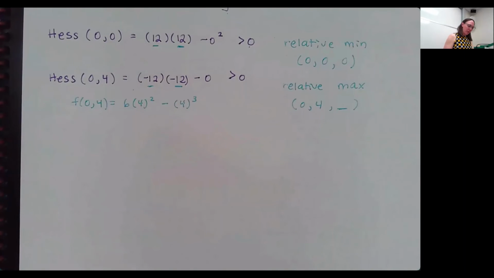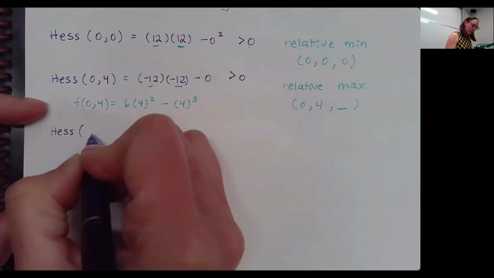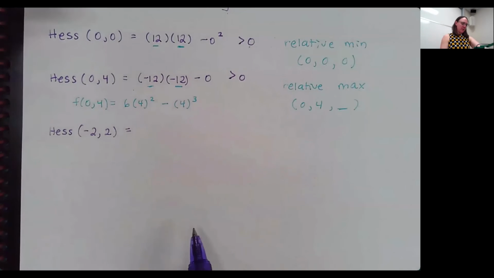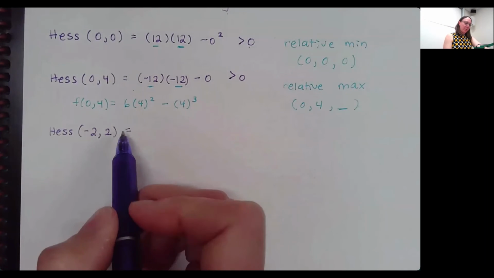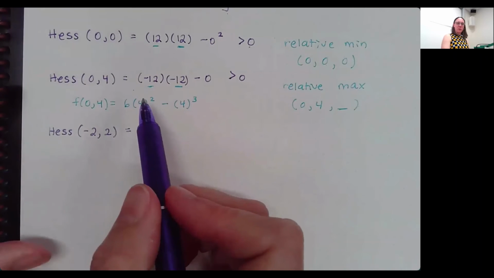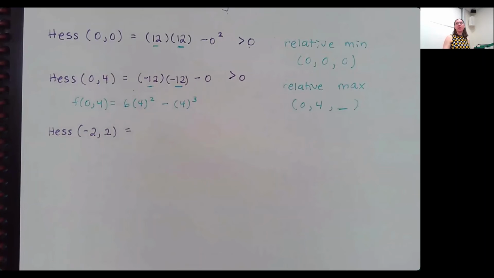And then if we check our Hessian at our other two critical points, (-2, 2) and (2, 2). Okay, so (0, 4) is a relative maximum. Again, I'm not drawing the entire graph.